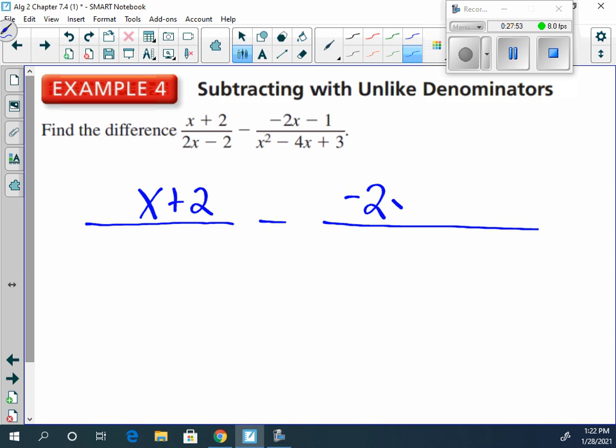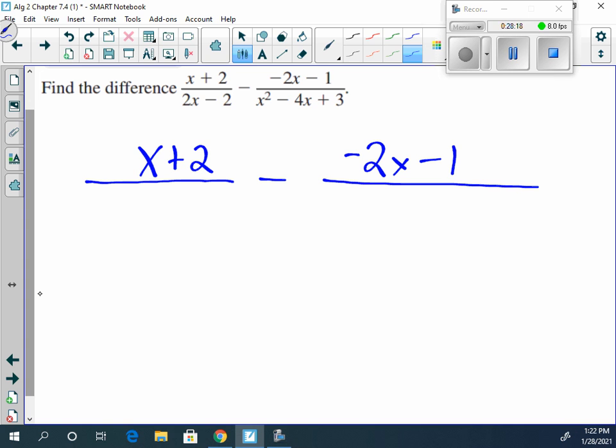The numerator negative 2x minus 1 is not going to change. Those are going to be the same, because there's nothing we can factor out, there's nothing we can simplify, and even if we could, we leave them alone. Because if we're adding or subtracting, and things are factored in sets of parentheses, the only way I can add them to something else or subtract them from something else is to multiply them back out. So we don't normally factor the numerators until the very end.